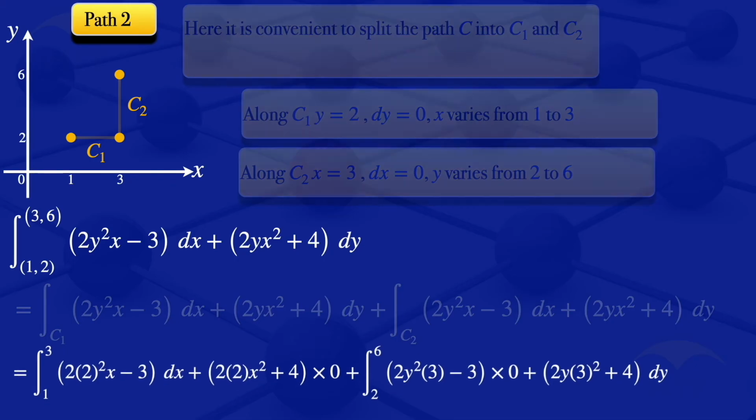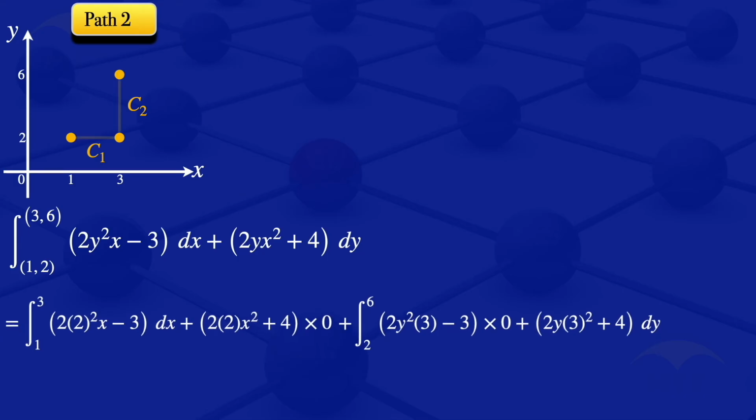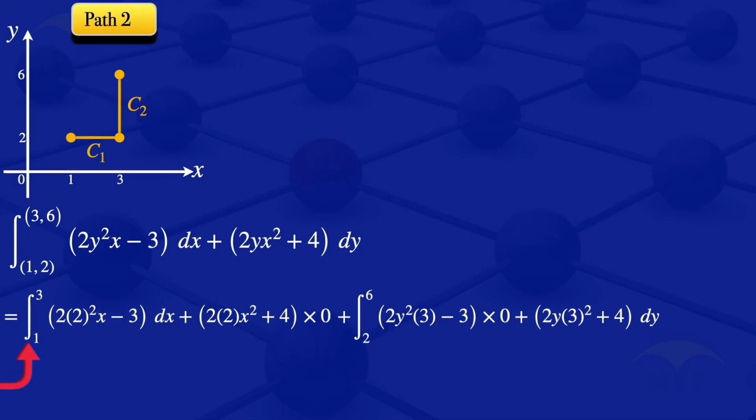So what is left now is to evaluate those integrals. For the first integral here, we see that it simplifies to the integral from 1 to 3 of 8x minus 3 dx. And this integral here will simplify to the integral from 2 to 6 of 18y plus 4 dy.